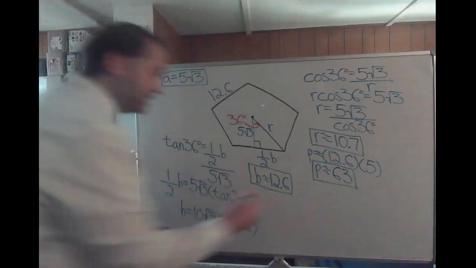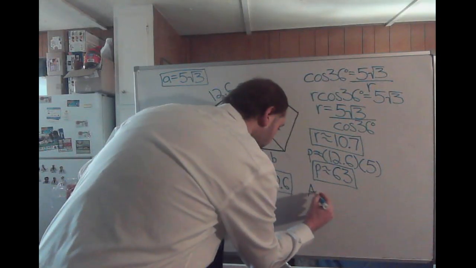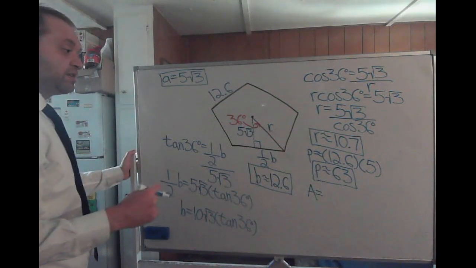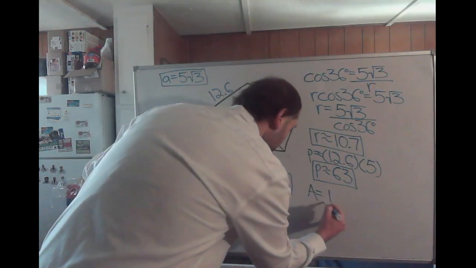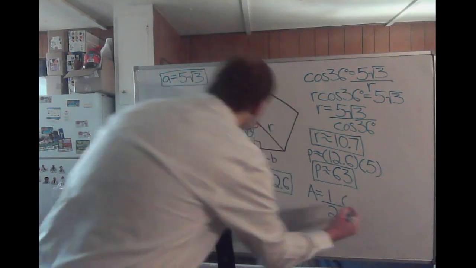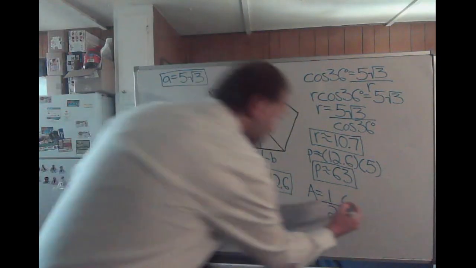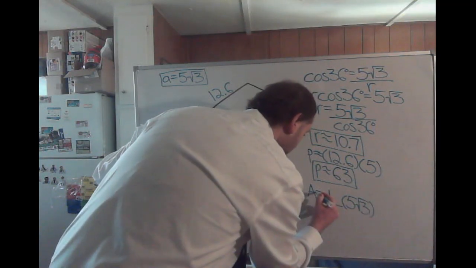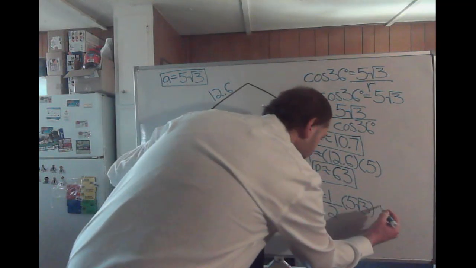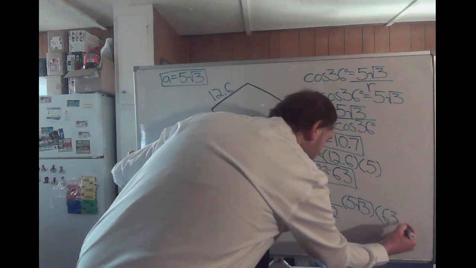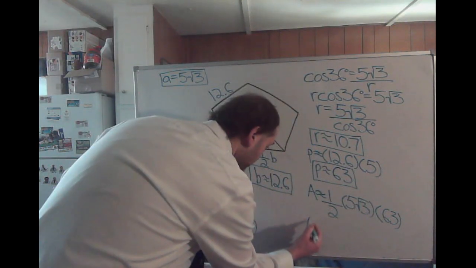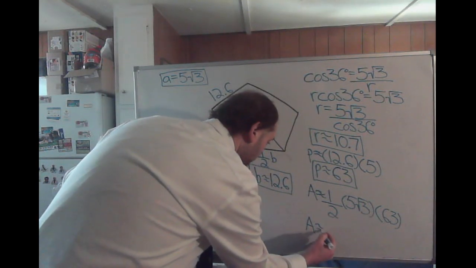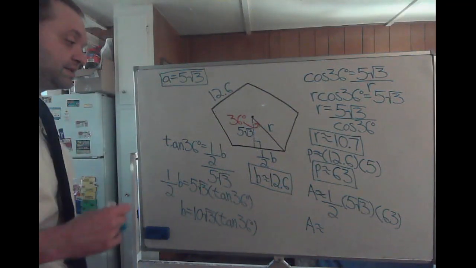Now we can solve for the area. The area, of course, is equal to half of the length of the apothem, which would be 5 times the square root of 3, I should say approximately since we had decimal approximations, times your perimeter of 63. And then ultimately we'll approximate the area to 1 decimal place.